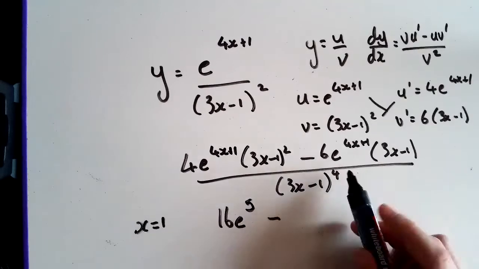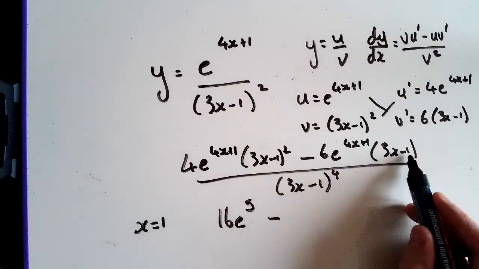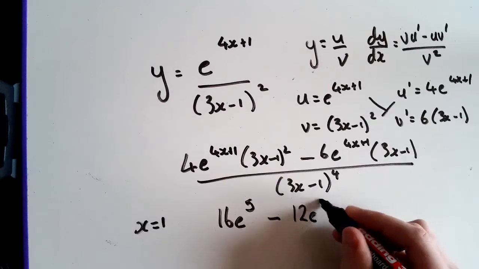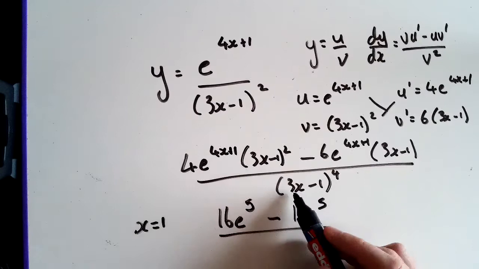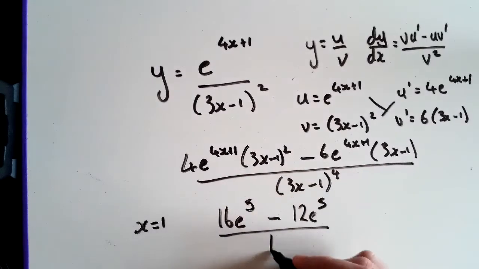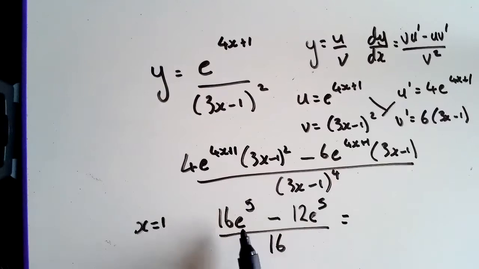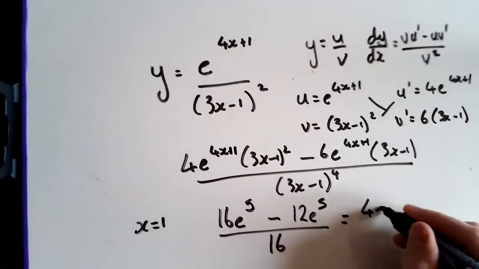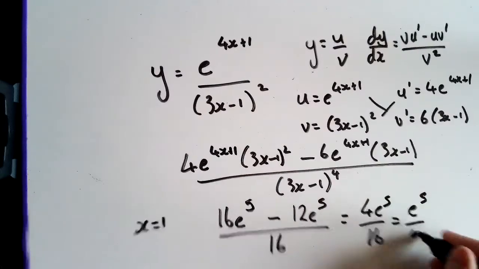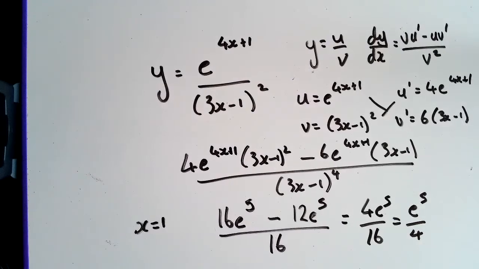Take away, so 1 into there, 3 take 1 is 2, times 6 is 12, e to the power 5, divided by 3 take 1 is 2, to the power 4 is 16. And just simplify it, 16e^5 take away 12e^5 is 4e^5, divided by 16, simplifies to just e^5 over 4, or a quarter e to the power 5, if you prefer to write it like that.